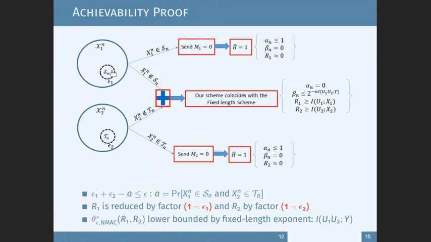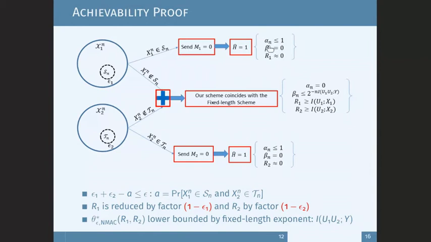But the problem here is that we have to take into consideration the type 1 error. So ideally, we would have probability epsilon here and probability epsilon here, and whenever we fall in one of these two sets, we just send a 0 bit. And then we can get the same gain as in the cooperative MAC.